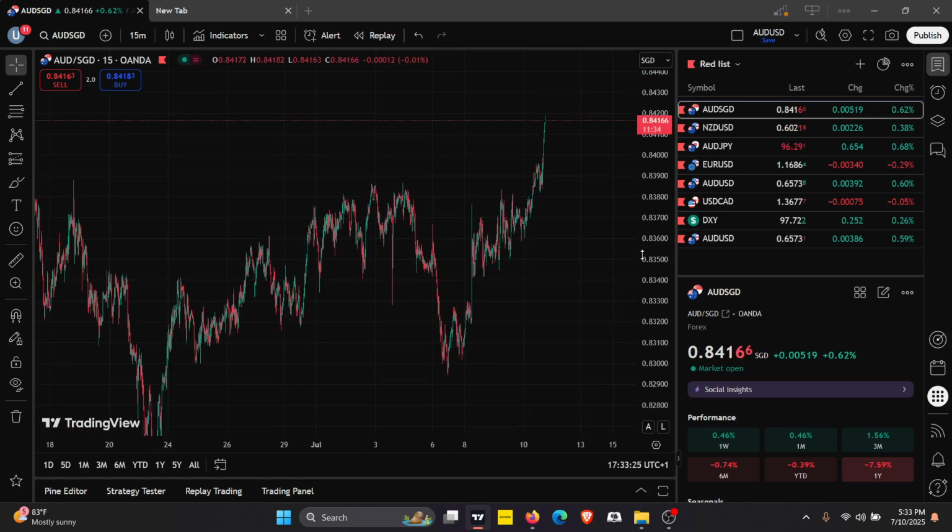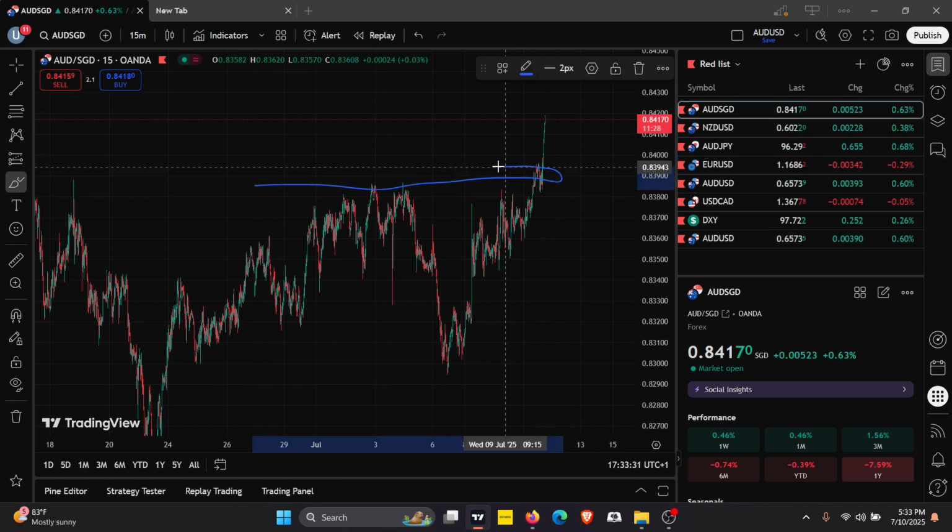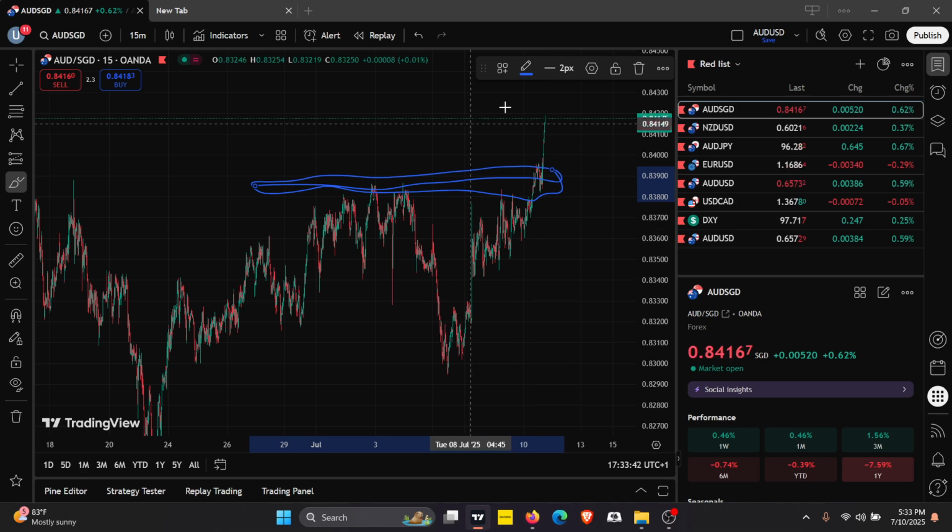Just looking at AUDUSD, we can see that there was a break of this high right here, so this already gave this trade away. I know no particular trading strategy is 100%, but with this correlation strategy, I have an edge that allows me to predict to a degree of certainty that this will be a sell.